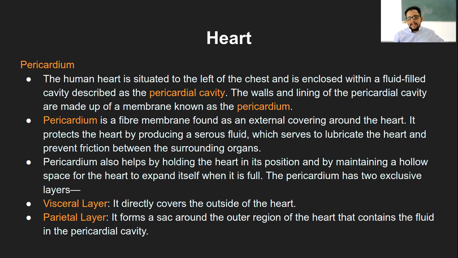And the parietal layer forms a sac in the outer region of the heart that contains the fluid in the pericardial cavity. So these are the two layers present in the pericardium. Again, I hope this is clear to you, what is pericardium and what are its functions and structure.